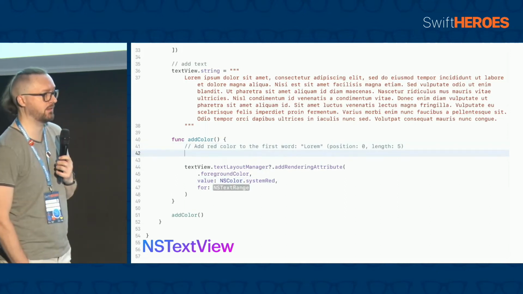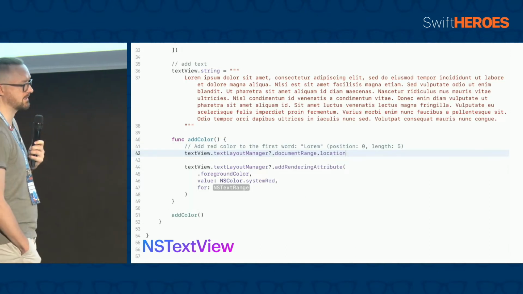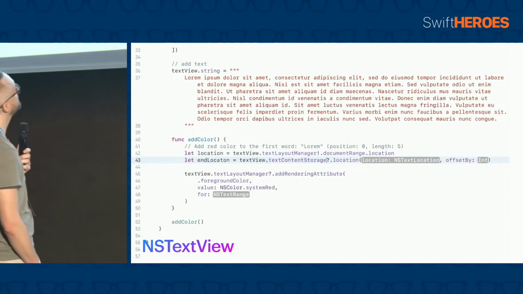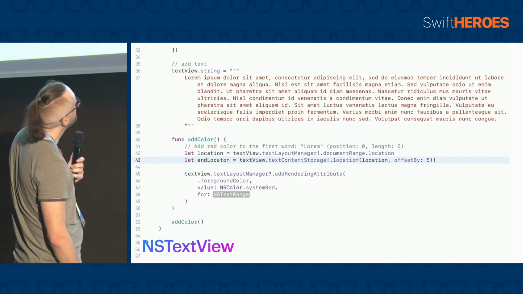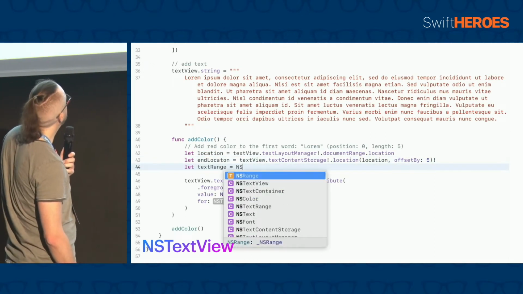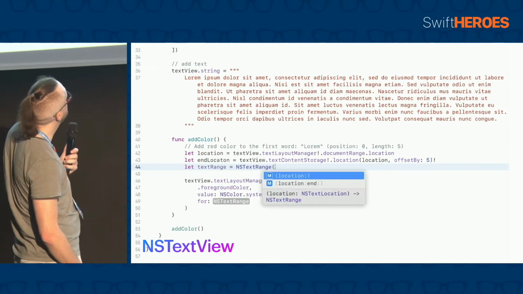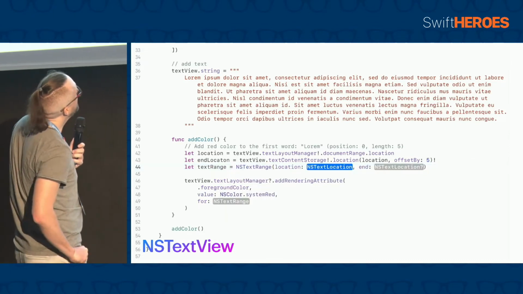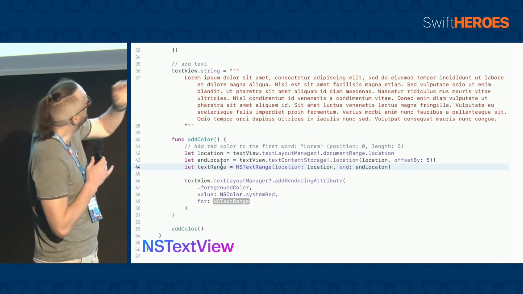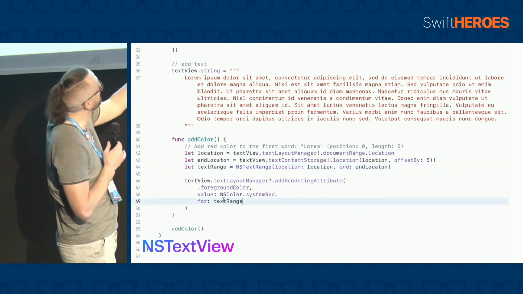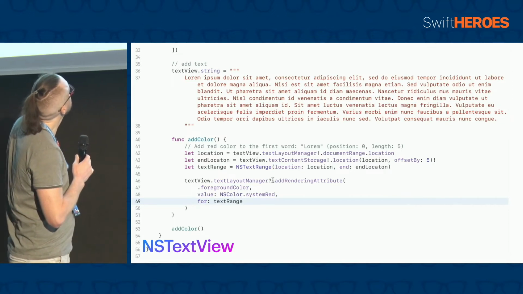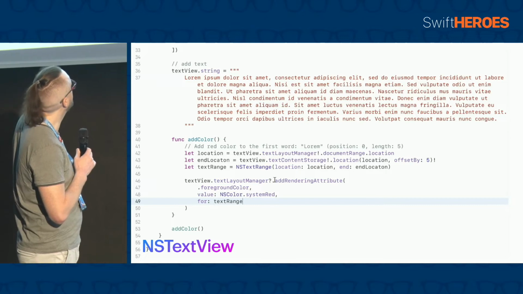It can be anything, it can be a string, as long as you implement the NSTextContentManager protocol. NSTextRange, you know, this API is kind of similar to String in Swift. There's offset calculation from the location. Everything is abstract.